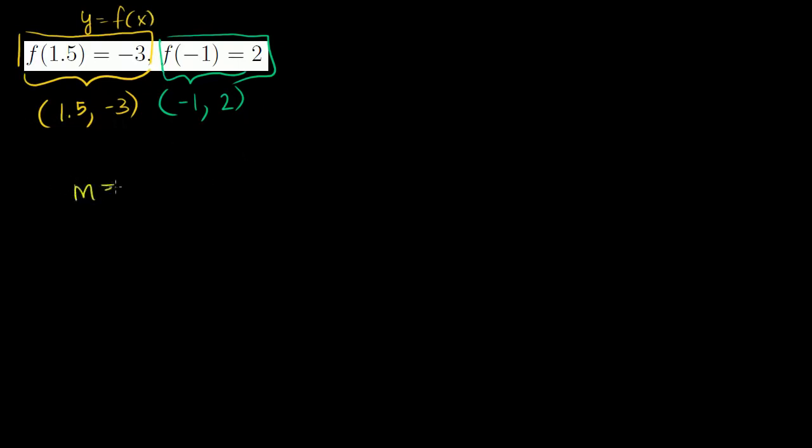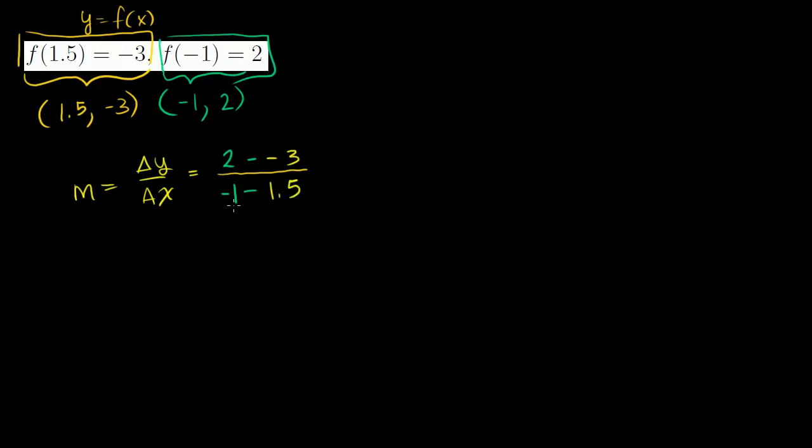The slope, which is change in y over change in x, is equal to, let's start with 2 minus this guy, negative 3. These are the y values, all of that over negative 1 minus 1.5.